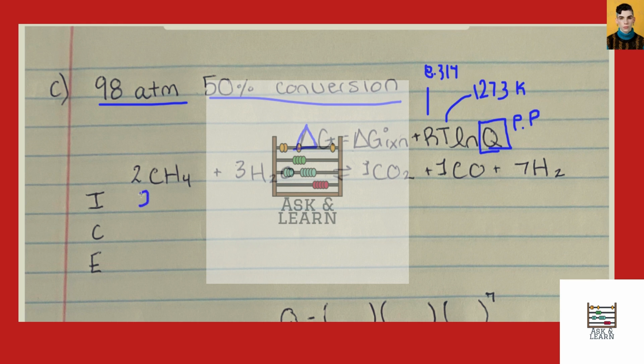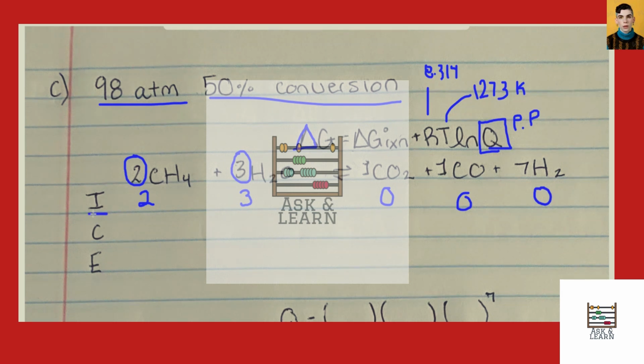So let's say we start out with our initial moles: 2 moles of CH4 and 3 moles of H2O, because of the coefficients in the balanced chemical equation. And initially, if it was 0% conversion, we would have 0 CO2, 0 CO, and 0 H2.